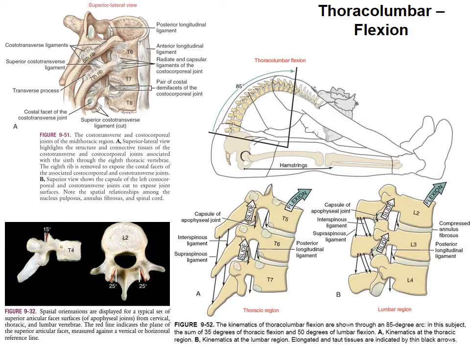What you can see in the top right diagram is that if we don't move the pelvis during this movement of thoracolumbar flexion, then that becomes the limiting factor for both thoracic and lumbar flexion. And by extension, you can see the tightness in the hamstrings running from the pelvis down the back of the legs. Thoracic vertebrae in total are able to achieve about 30 to 40 degrees of flexion.